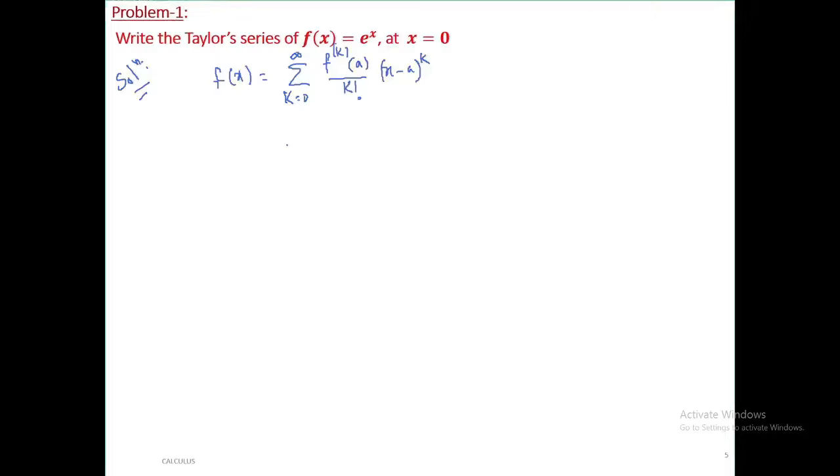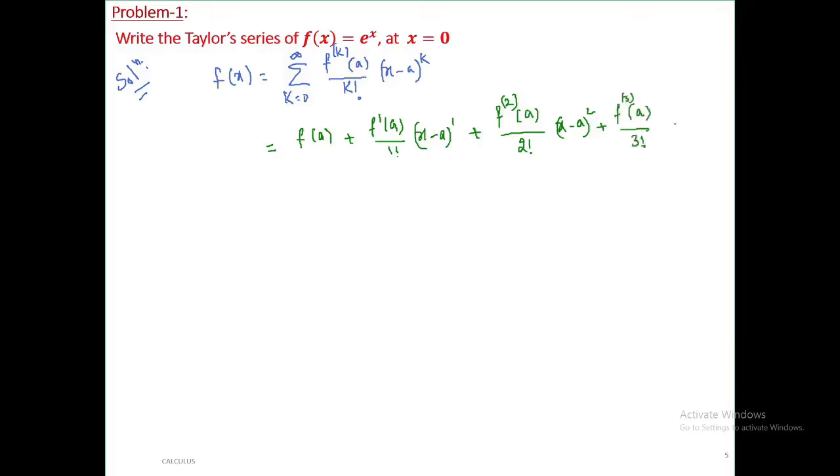Now we expand it. If we expand this, what will you get? f of a, plus the first derivative of f at a by 1 factorial into x minus a whole to the power of 1, plus the second derivative of f at a upon 2 factorial into x minus a whole to the power of 2, plus the third derivative of f at a upon 3 factorial into x minus a whole to the power of 3, plus and so on, infinitely many terms.